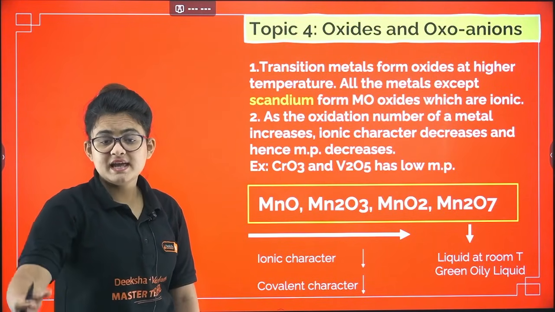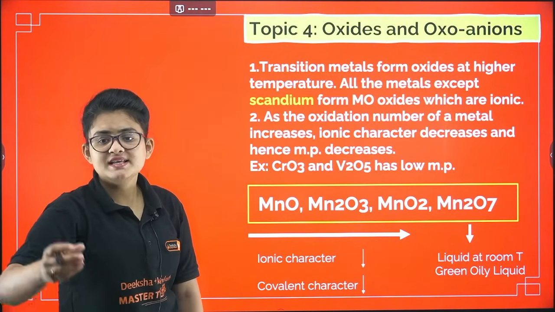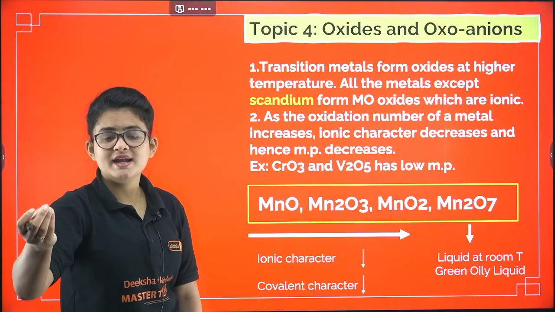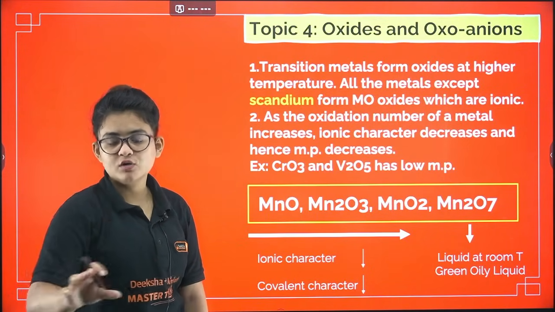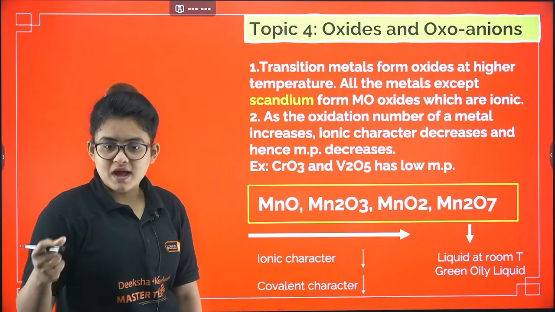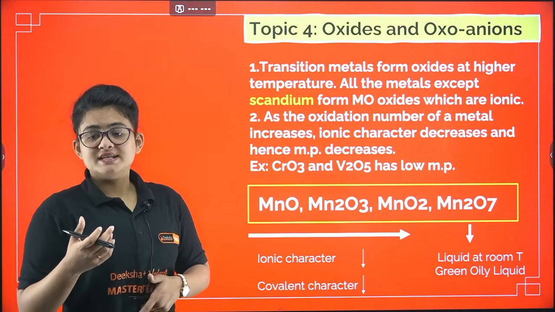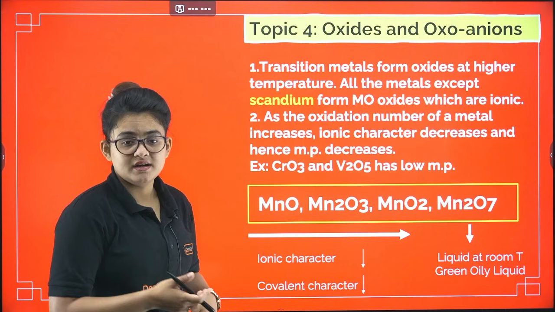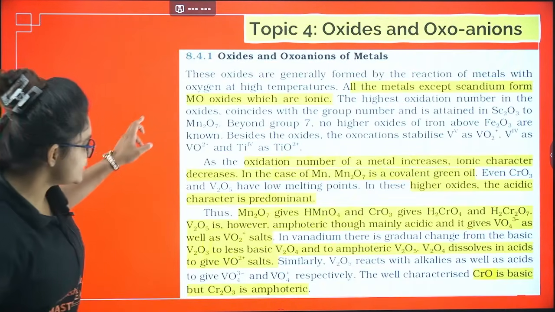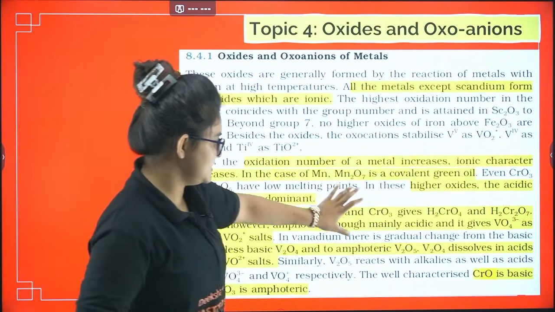Basically Mn2O7 is a green colored oily liquid at room temperature. So with the higher oxidation state, the melting point decreases. That is the marked portion here.